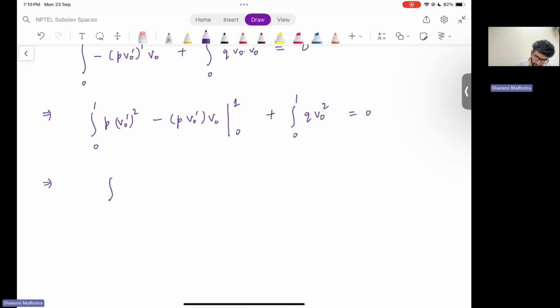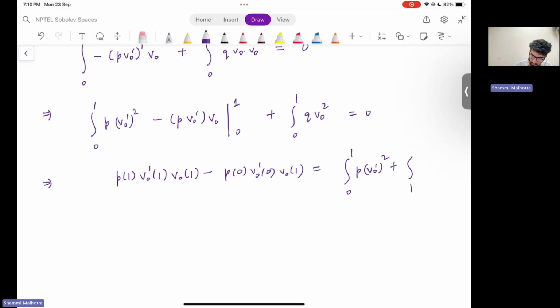And this is nothing but integration 0 to 1 of P (v0')² plus integration 0 to 1 of Q v0², with the boundary term P(1) v0'(1) v0(1) minus P(0) v0'(0) v0(0).